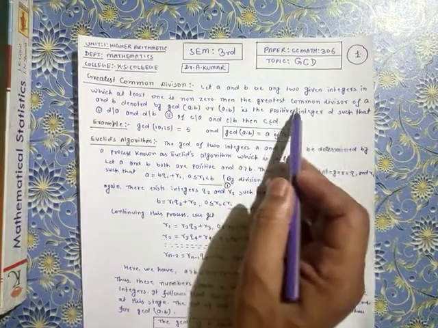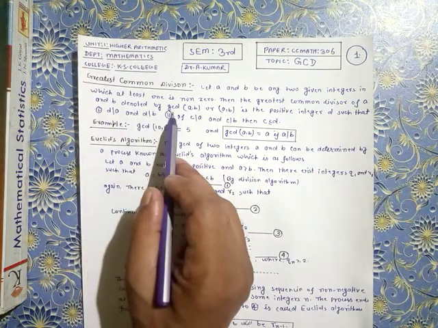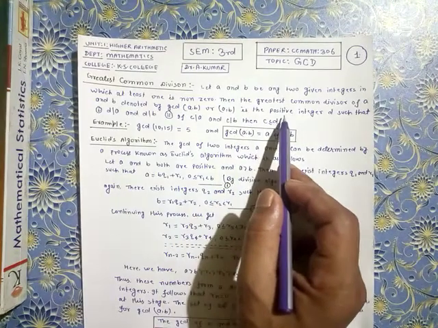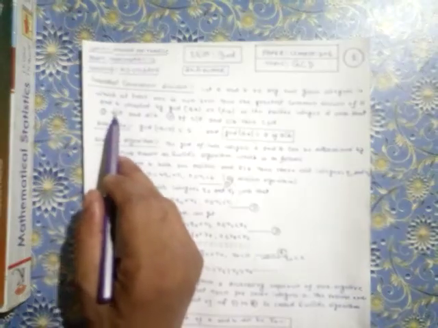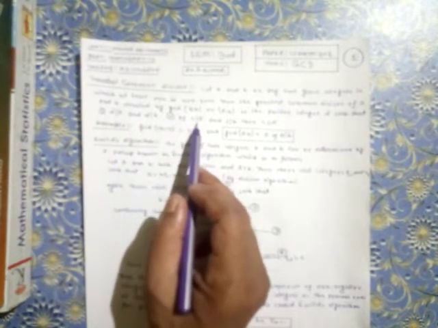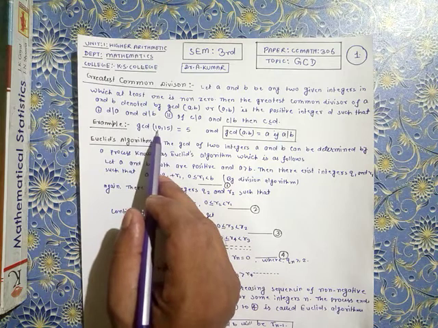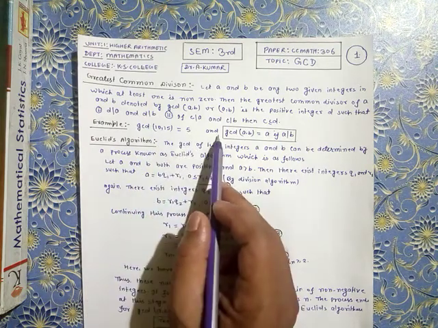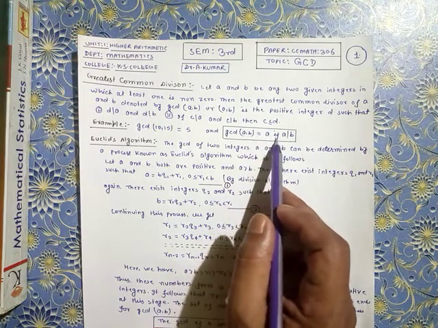Then the greatest common divisor of A and B, denoted by GCD of A, B or (A, B), is the positive integer D such that: one, D divides A and D divides B. Second, if C divides A and C divides B, then C is less than or equal to D.